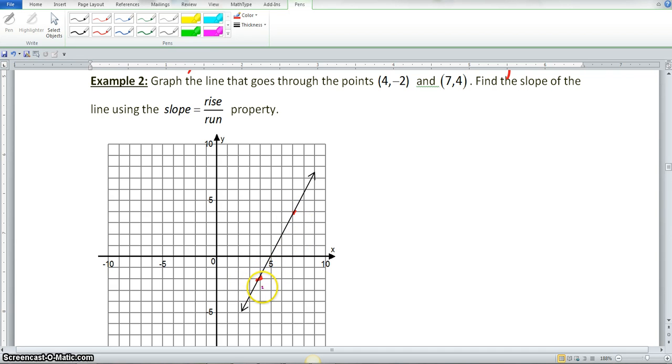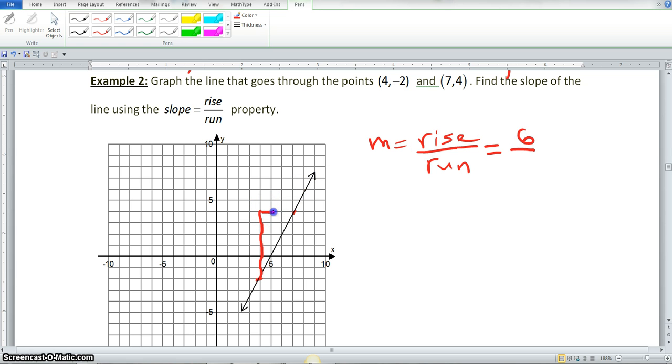So now what we want to do is the rise over run. So we will have our slope is equal to rise over run. Now we want to do our rise here. We will go up 1, 2, 3, 4, 5, 6. We went up 6, so our rise is +6.